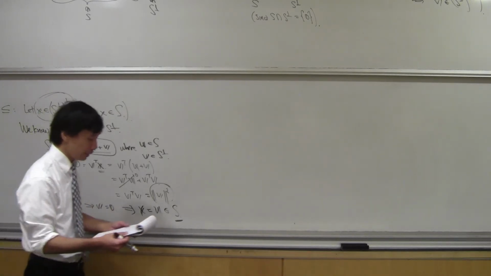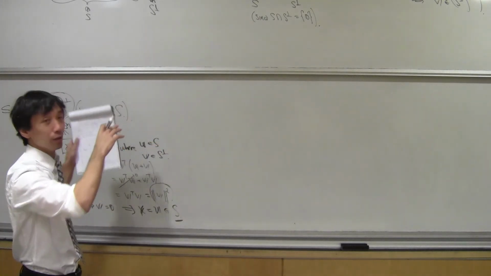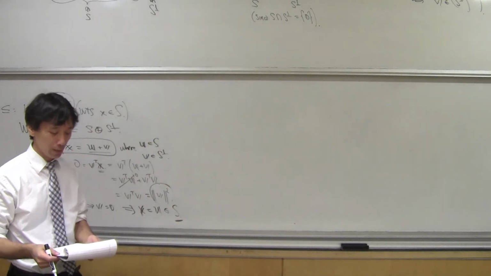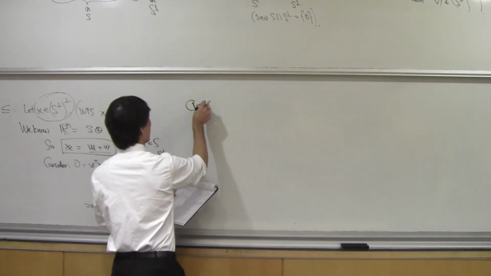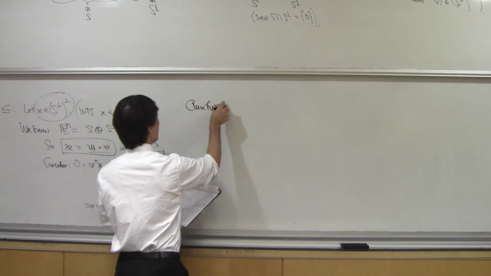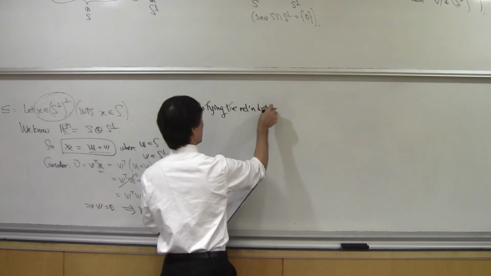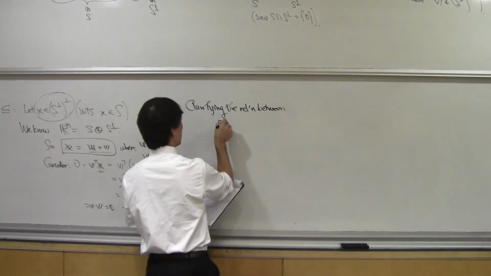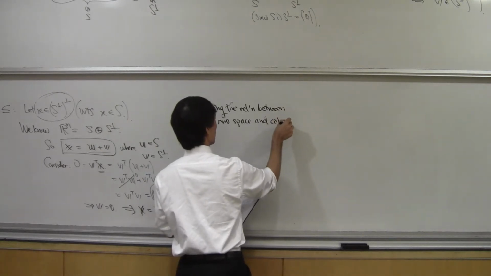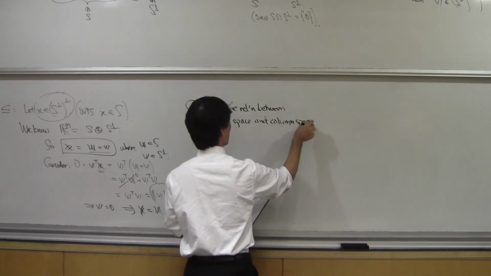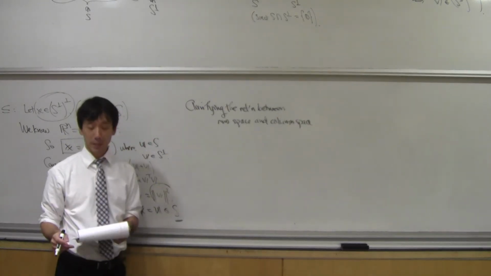Okay, one last thing in this section that brings together a lot of the ideas that we've been doing: clarifying the relation between the row space and the column space.